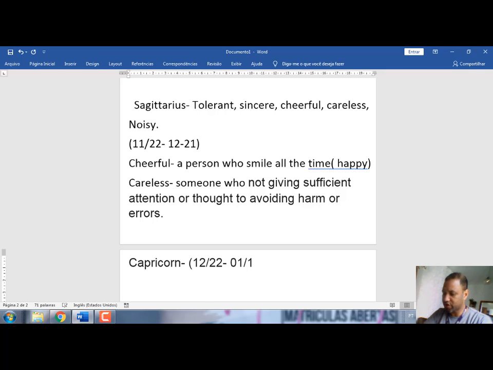Cancer is for someone who was born from 6/22 until July 22nd too.